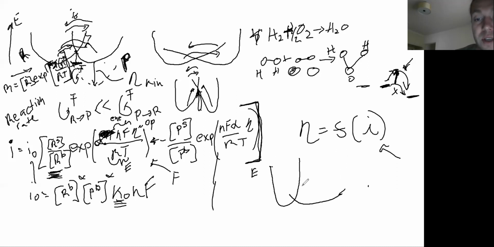If you move this energy down, G double star changes a lot on this side, and on this side it doesn't change as much.